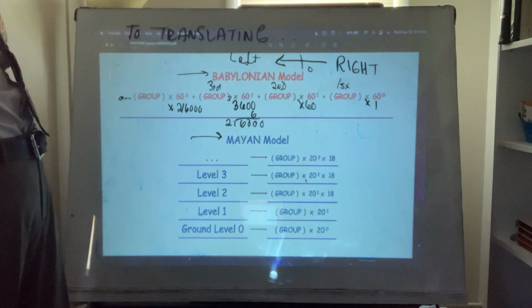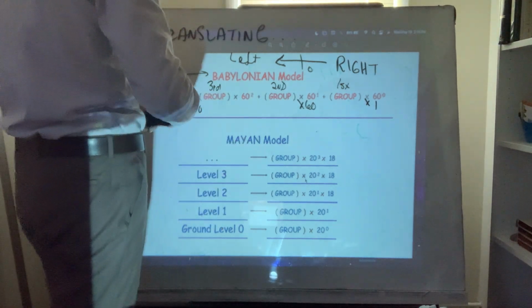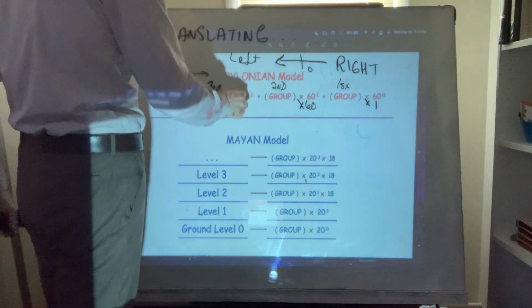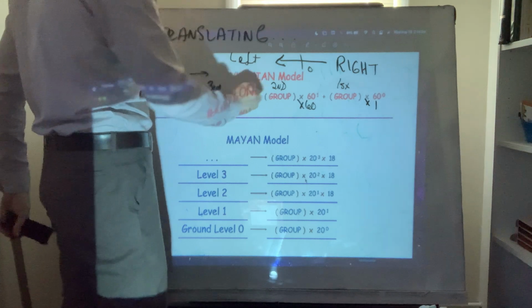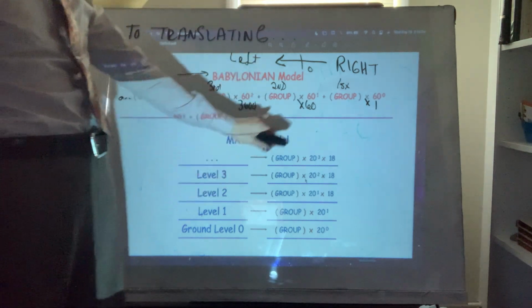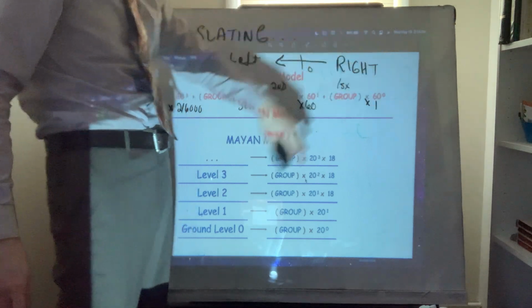Let's see. 6, 18, and 3 again, 21. Okay. So, just realize that that is the style of writing the number 3,600 in a base 60 system. This is the style of a number in a base 60 system.